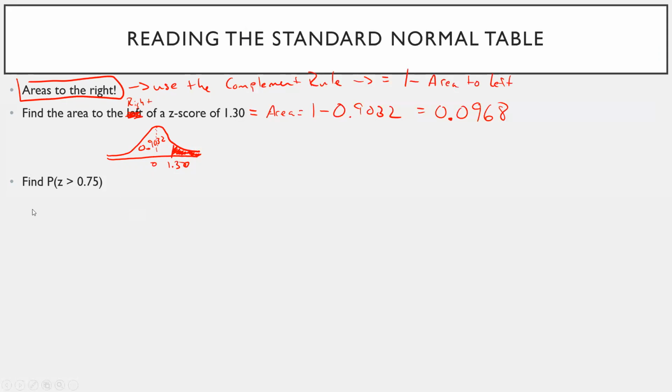All right, let's try this next one here, okay? So I want to find the probability that a z variable is greater than 0.75. So it's centered at 0. 0.75 is over here. And then if I want to be greater than that, am I going to shade to the right or to the left?